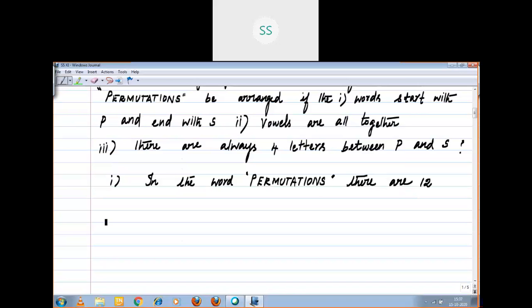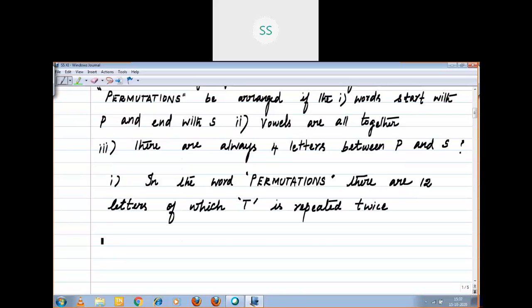There are 12 letters, of which T is repeated twice.